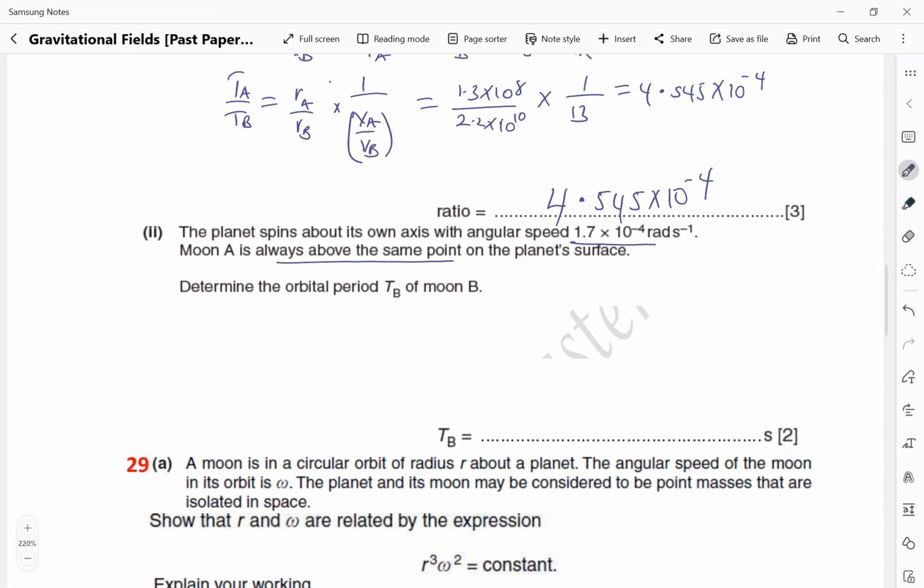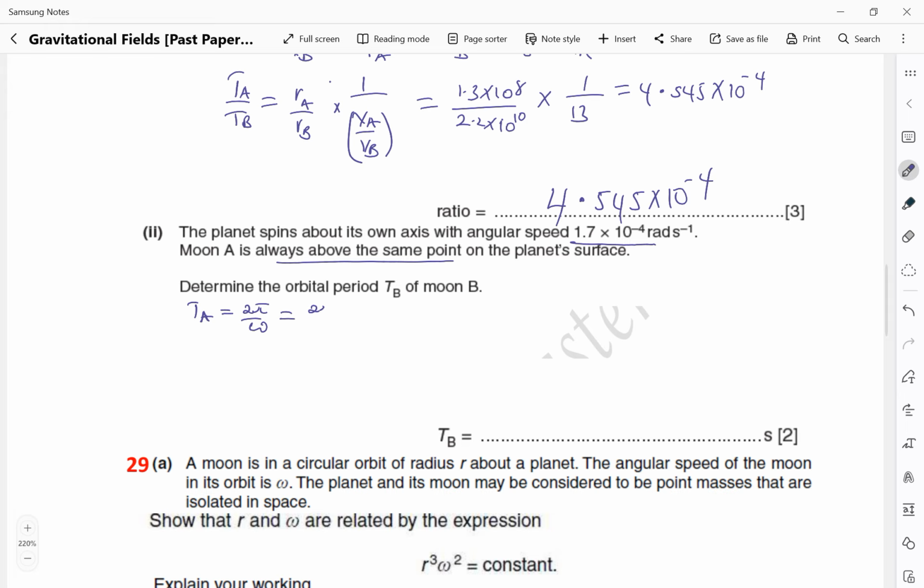Determine the orbital period TB of Moon B. So if Moon A is always above the same point on the planet's surface, let's first find the period of Moon A. So TA is equal to 2 pi over omega, since they gave us the angular speed.